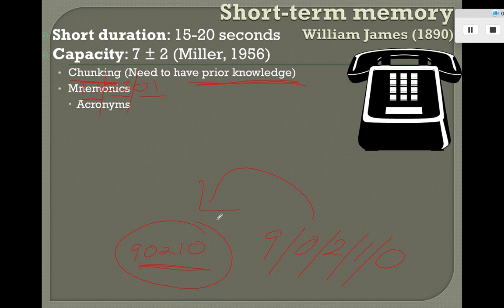So when we look at this idea of having these strings of units available to us, we want to make sure that we do not exceed this capacity of 7 plus or minus 2 that George Miller proposed for us. Now, we can use other types of strategies like implementing mnemonics. You may also want to implement acronyms if you have those available.